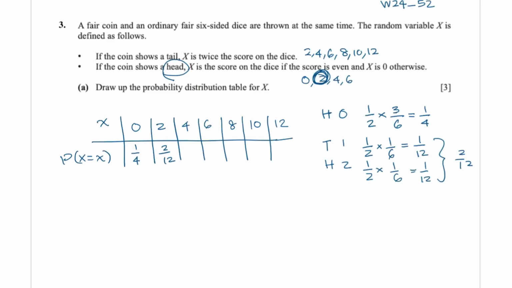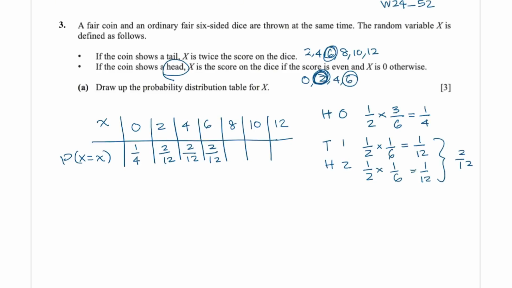What about the probability of you getting 4? Getting 4, the situation is just the same as getting 2. Okay? So I'll write there 2 over 12. Getting 6 is also the same because it is happening here and there. So 2, 4, and 6 are happening in both situations, which is 2 over 12. What about getting 8? Getting 8 is not happening when you have a head.